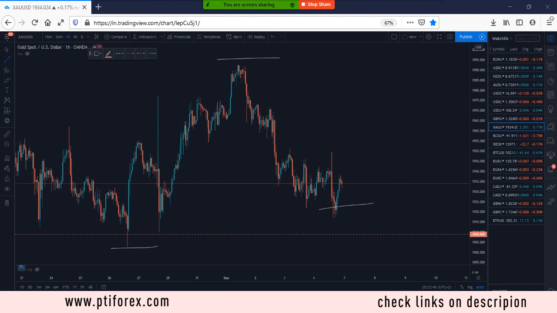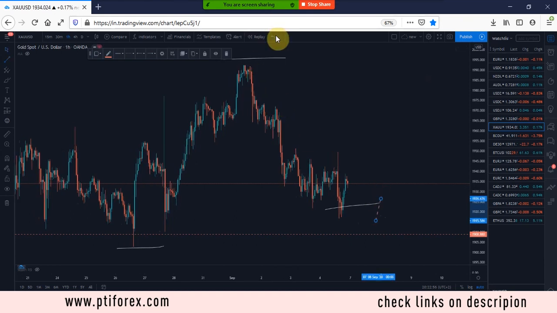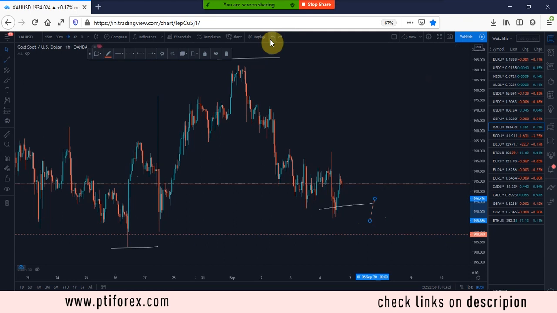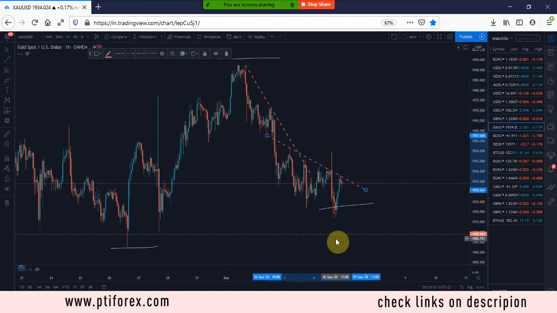For example, you have to study the momentum inside the waves. Because we want to buy, we treat this as more like a corrective wave. In this corrective wave, you have two shifts of patterns. Firstly, you had that downtrend, and then secondly, you had this downtrend which is at work right now.